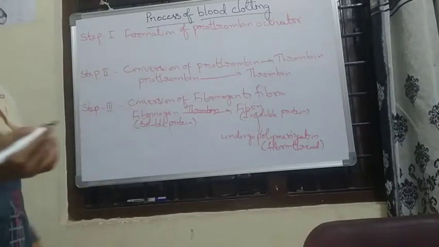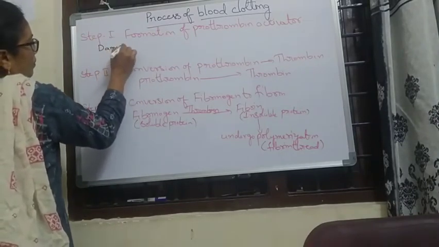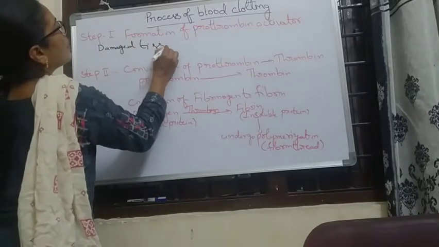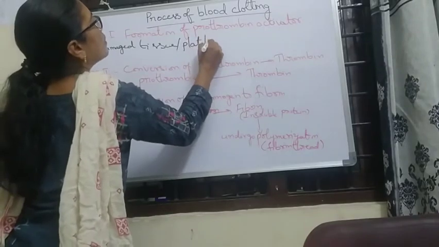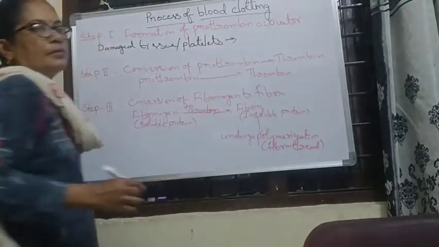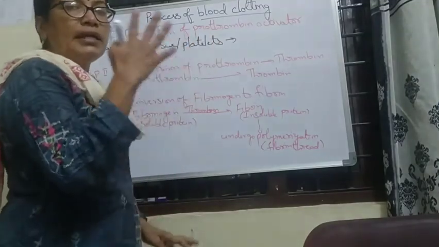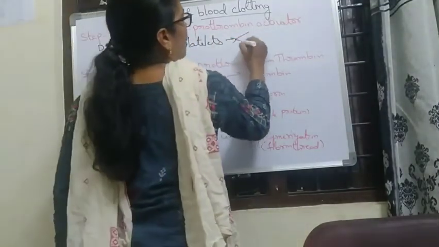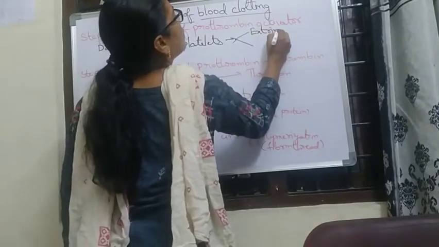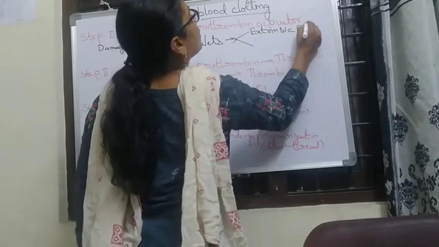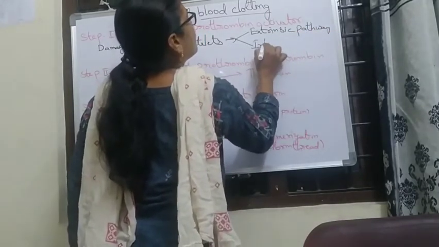In the first step, the formation of prothrombin activator, when the damaged tissue or platelets release it, they form it in two ways: the extrinsic and intrinsic pathway.